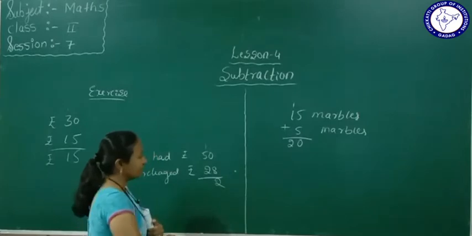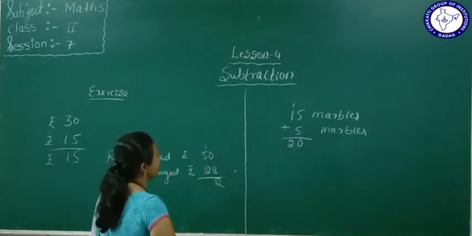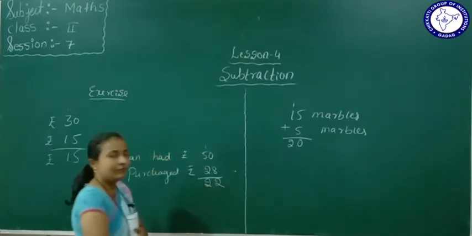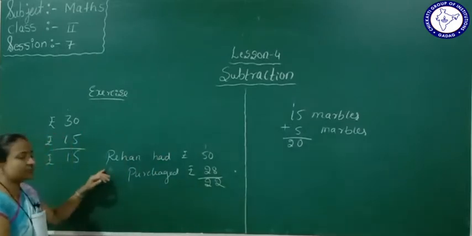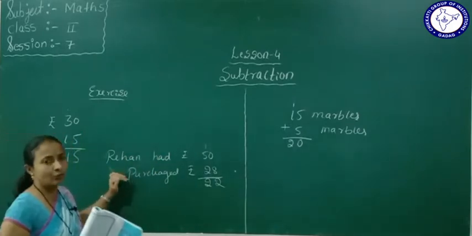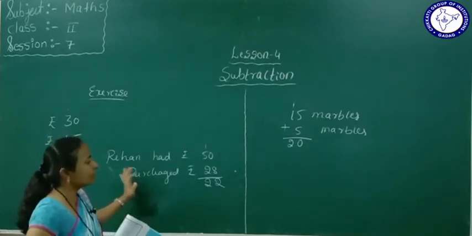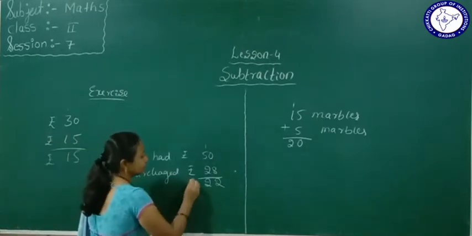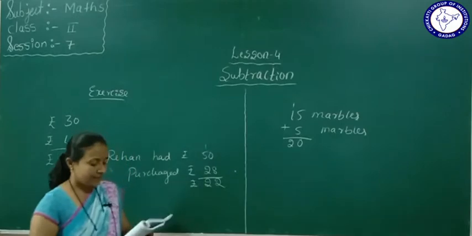Carry 1 here. 5 minus 3 is 2, so 22 rupees remained. It means Rehan has 22 rupees left. Okay, next one.